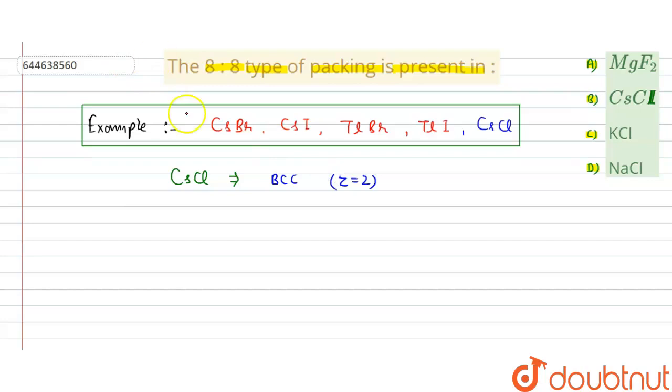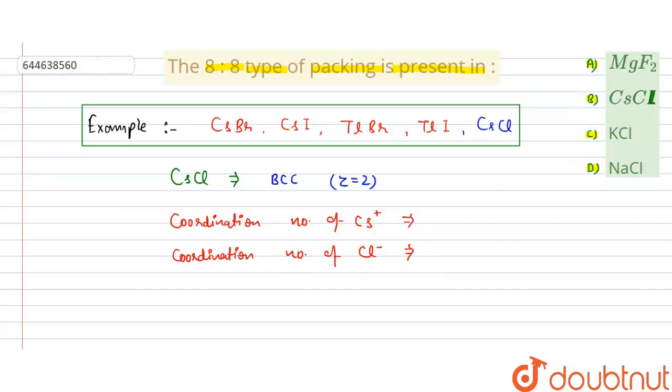Now what is the coordination number of Cs+ ion, and what is the coordination number of Cl minus?